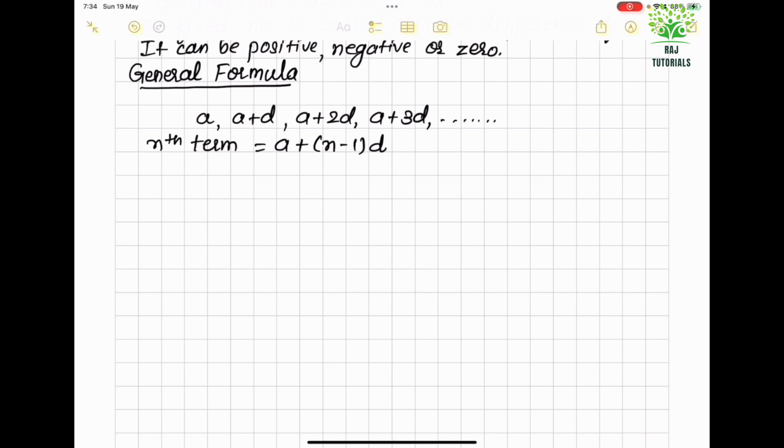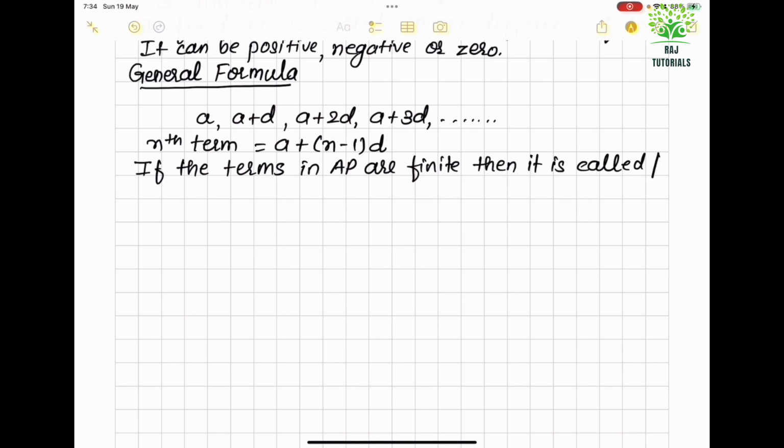Then one more important point you should know, that is, if the terms in an AP are finite, then it is called a finite AP.